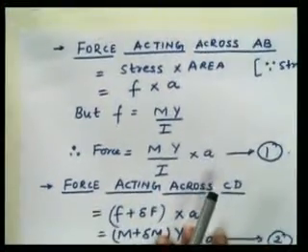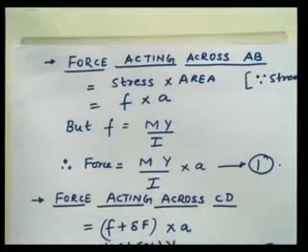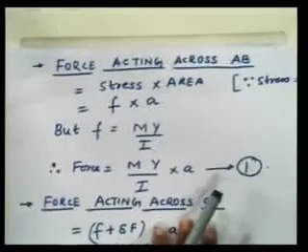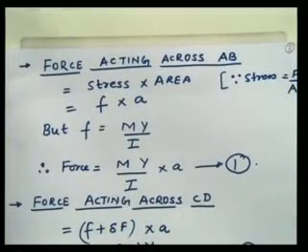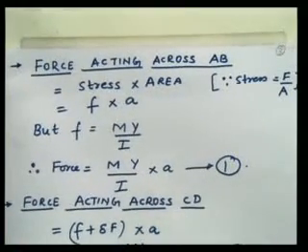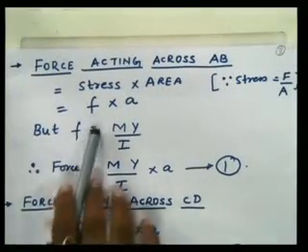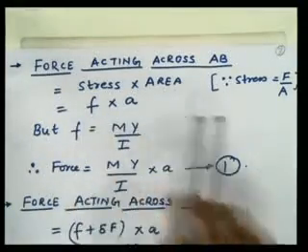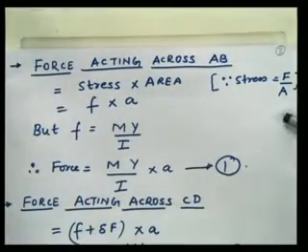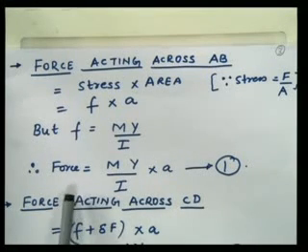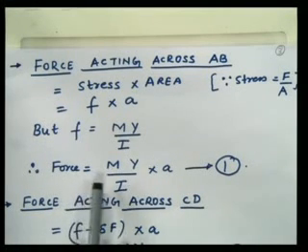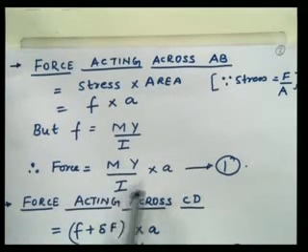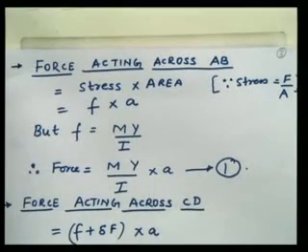So the force acting across AB is nothing but stress into area, that is F into A. Substituting the stress, the force is equal to My upon I into area A.